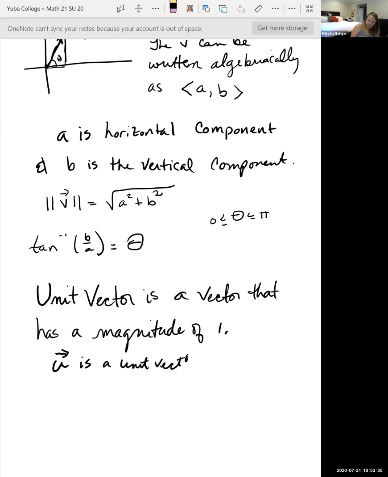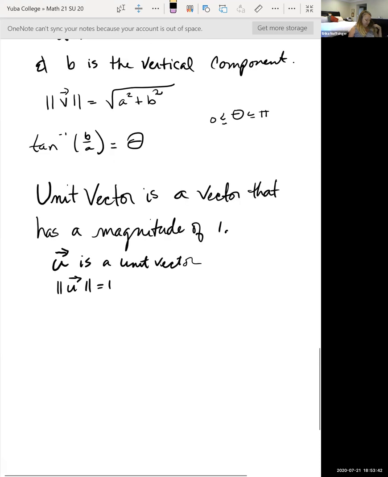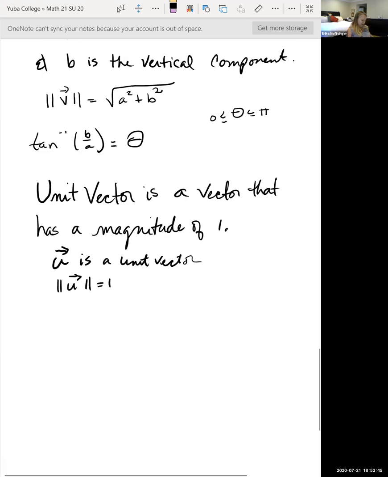Then we can say the magnitude of u is equal to 1. i, they usually call it i, is equal to the unit vector where your horizontal component is 1 and your vertical component is 0.